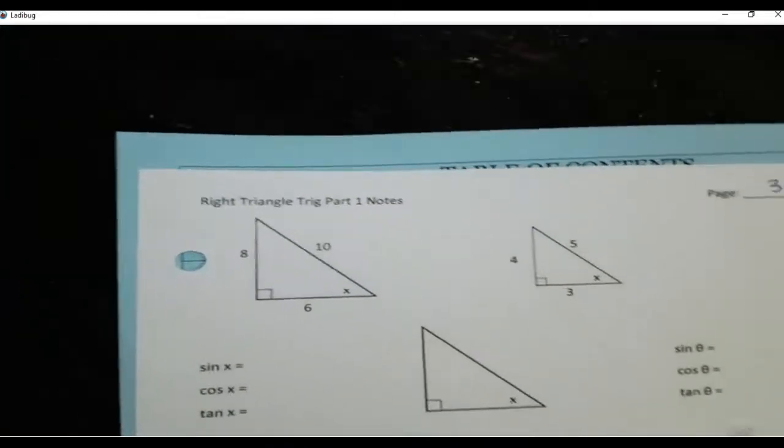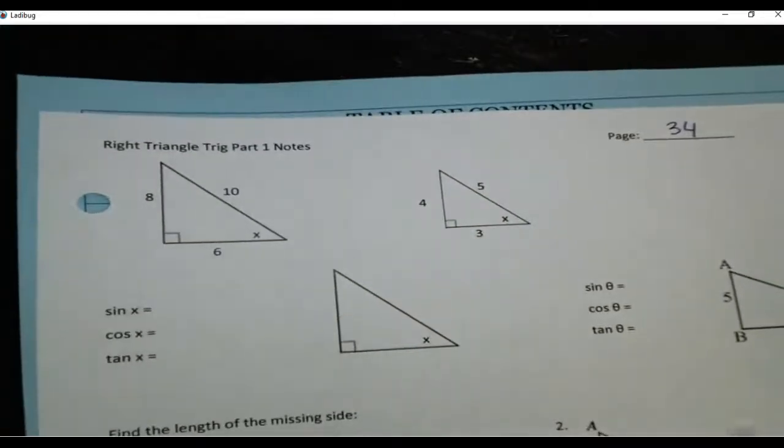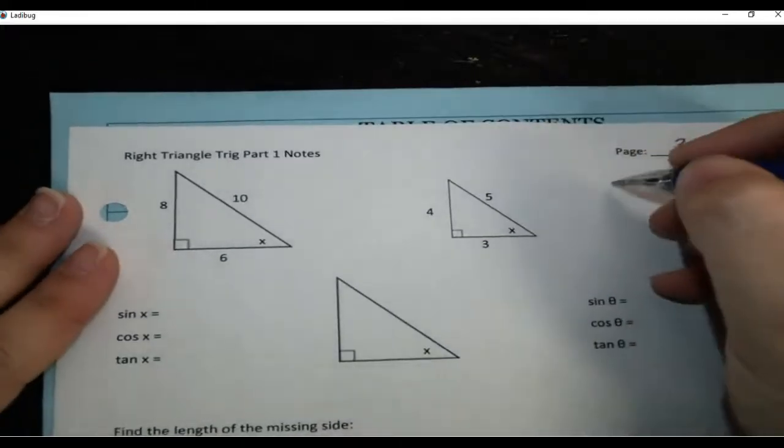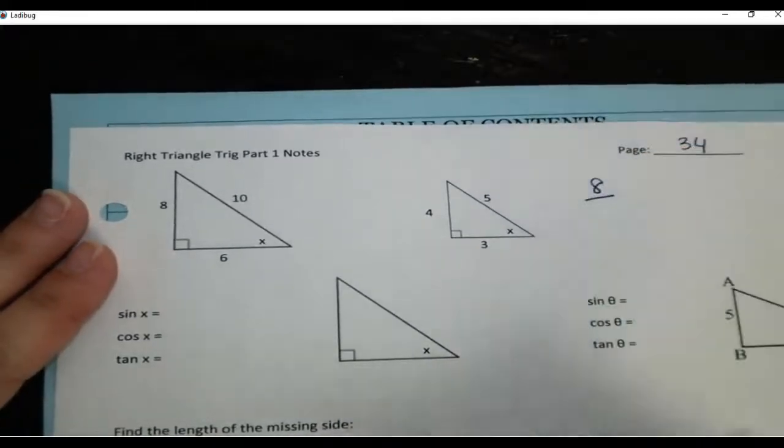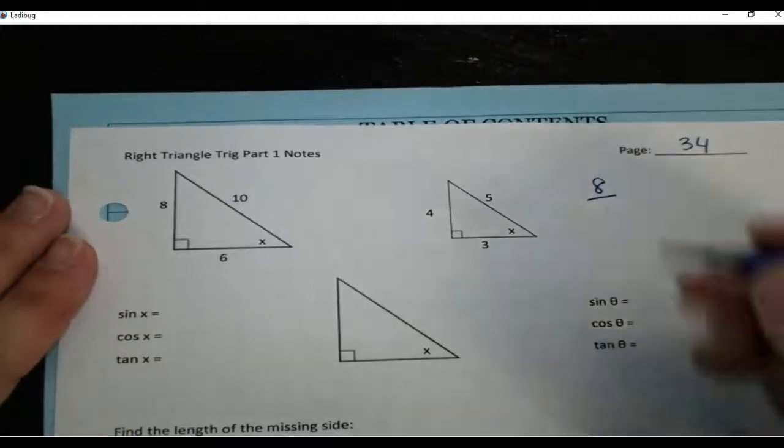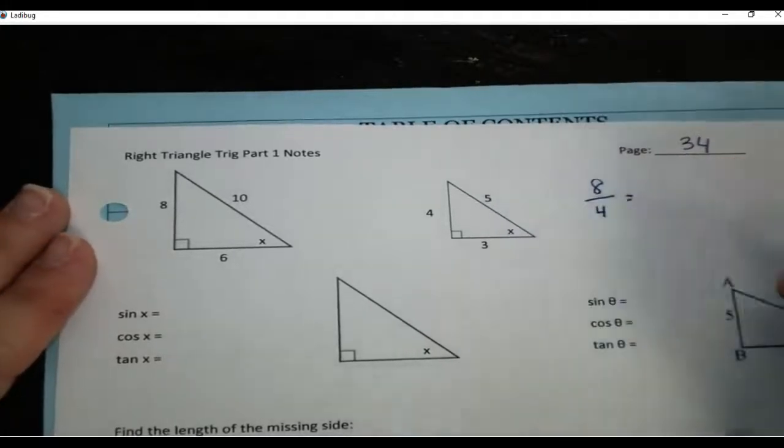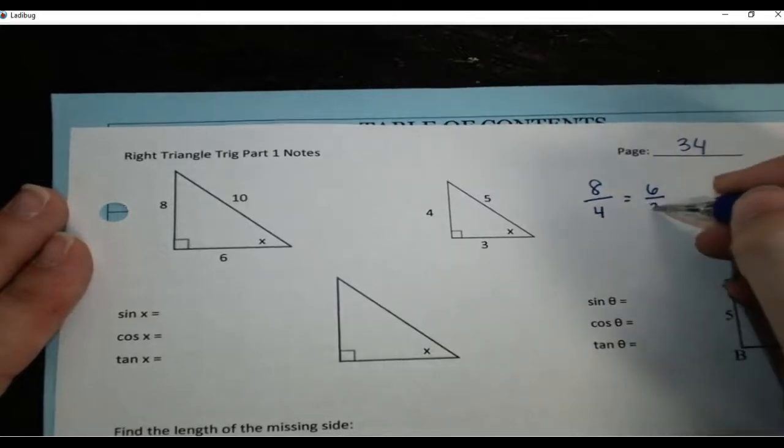So if we look at these first ones, let's say that we know the angles are equal. So let's say x is 30 or whatever. If we set up our ratios like what we did in our last unit, I would say that the 8 matches the what? 4. And the 6 matches the 3. Good.